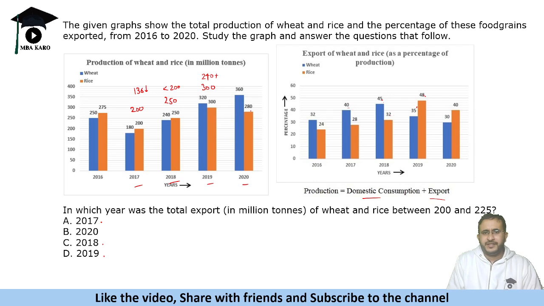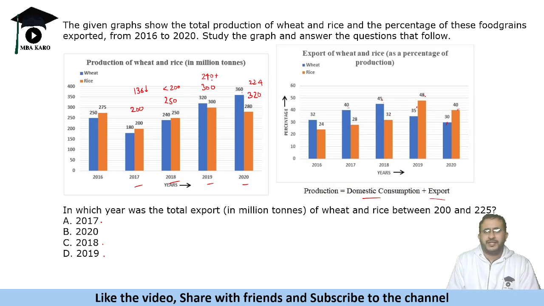And this, if we take 360 and 280, some central value, let us say 300 and 300, maybe we can take the approximate 320 and take 70% of it, right? 70% is 224. So roughly about this number.